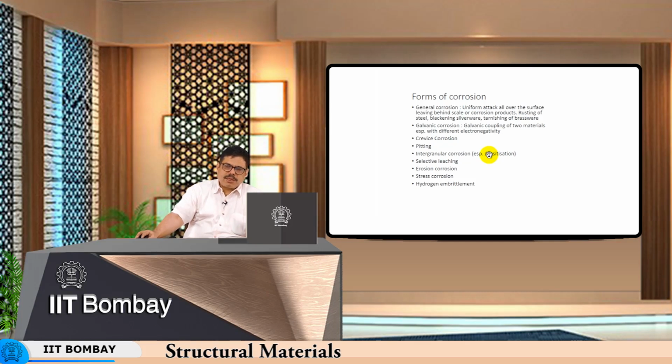Many things are submerged below the sea level or water level, especially when you have corrosive ions present in the corrosive environment. Then you have pitting, that is formation of very small holes, small pits in the material.